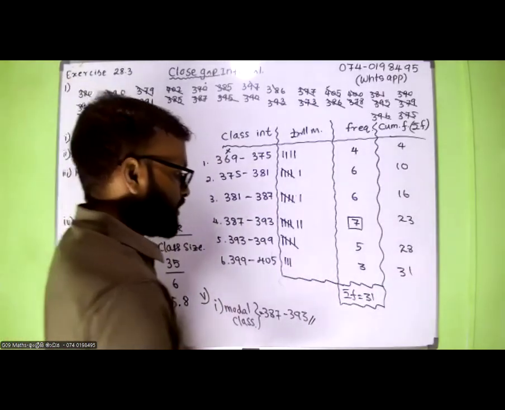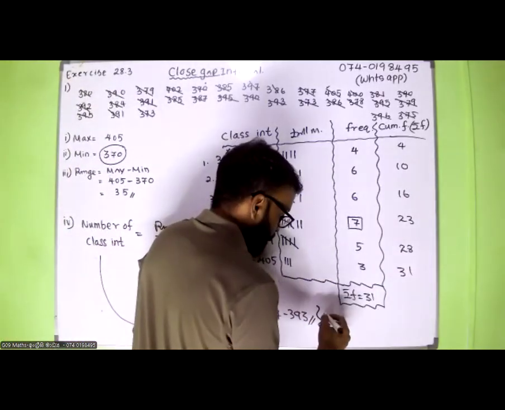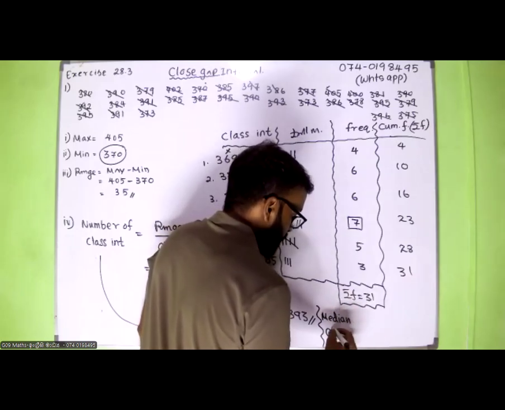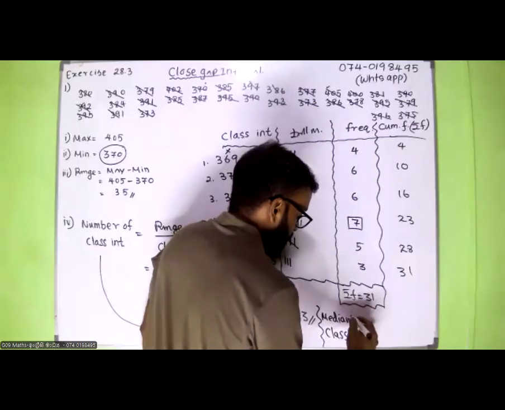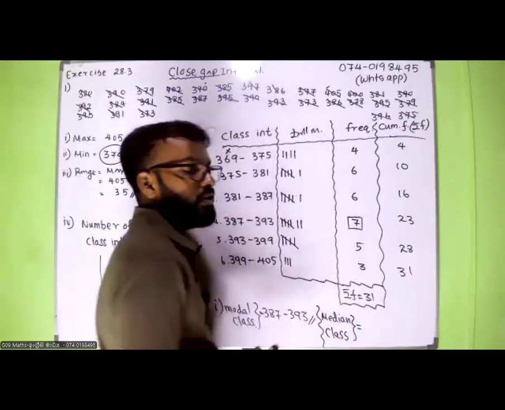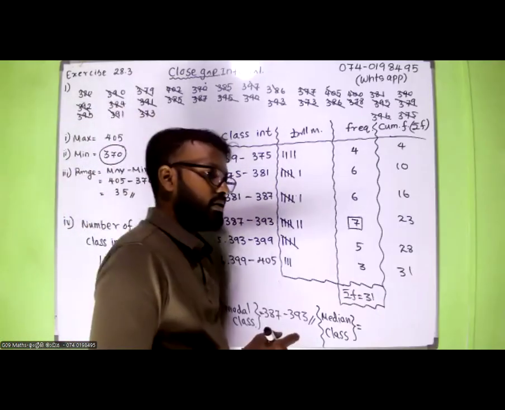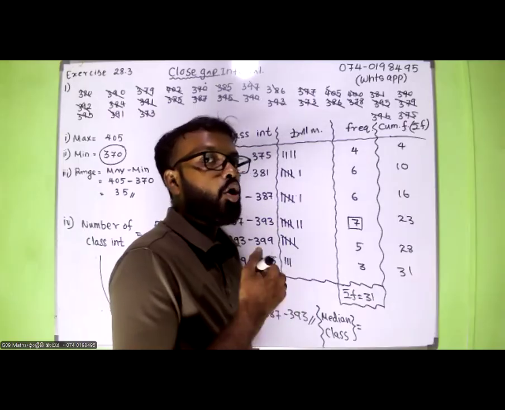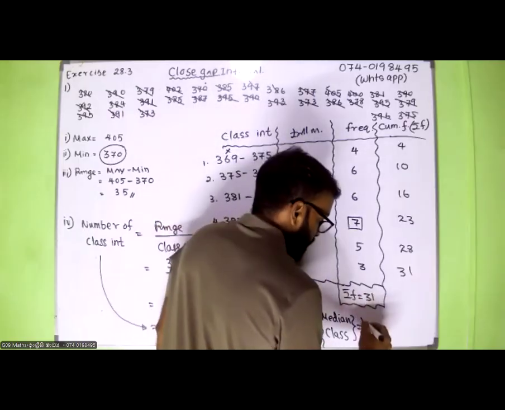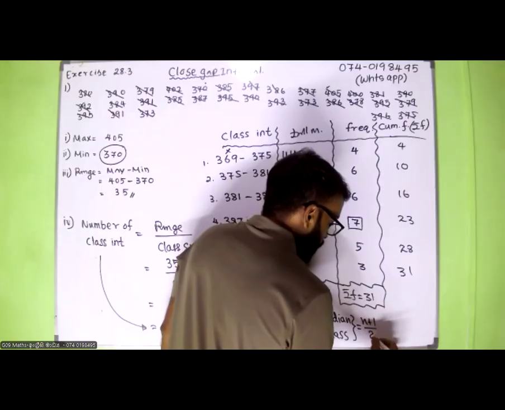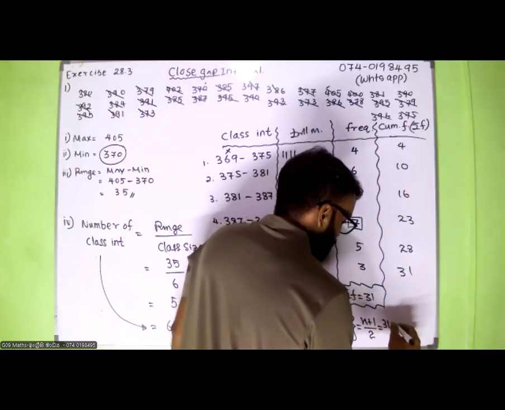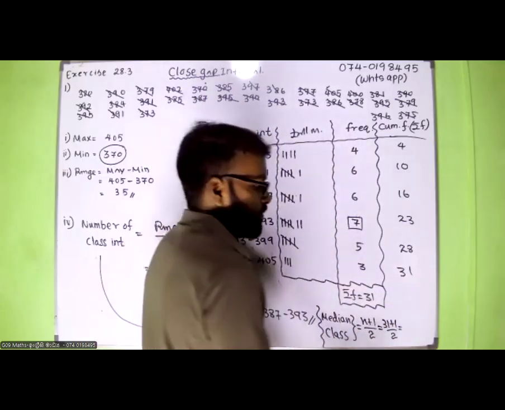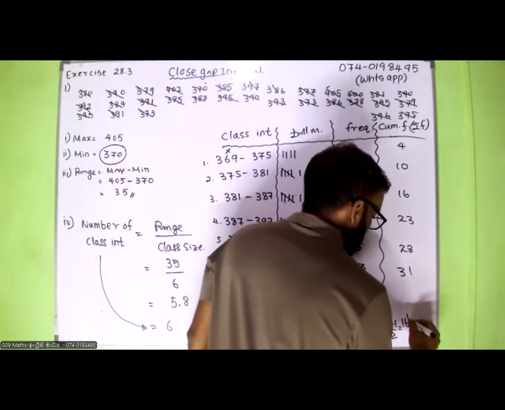And how are you going to find the median class? Median class can be found by using the number of data. Sigma f is 31, which means n equals 31, then n is odd. Odd number: n plus 1 divided by 2. 31 plus 1 divided by 2 means 32 divided by 2, 16th place.